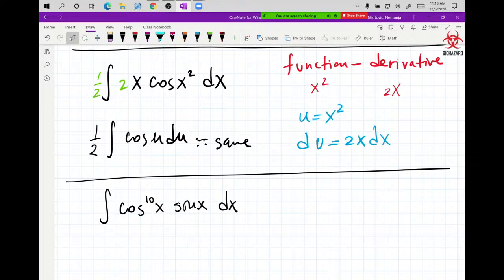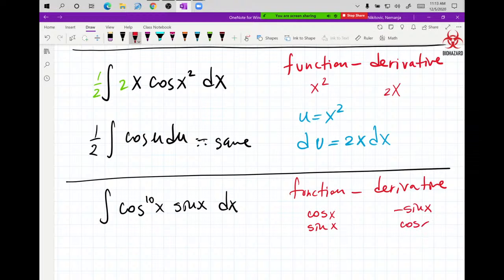So even though it can be used, it's much more powerful if you say, what's the function-derivative pair? And we can just do FD, function derivative. So the derivative of cosine is negative sine, and the derivative of sine is cosine.